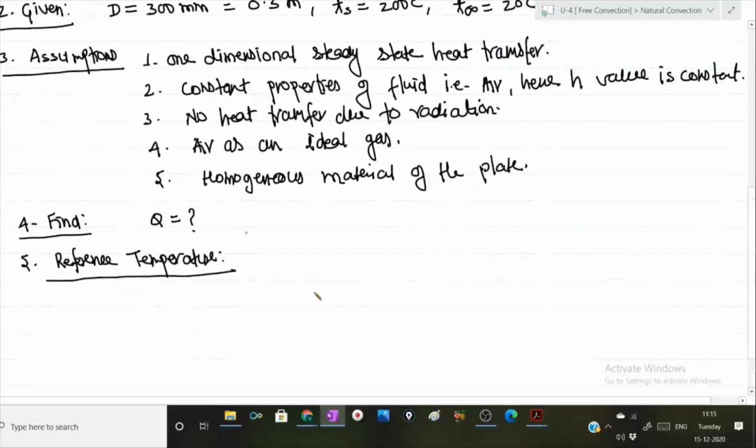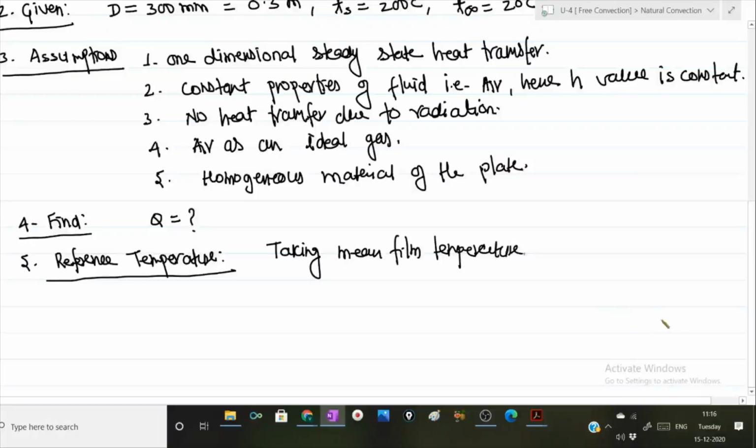Okay. So taking mean film temperature as reference temperature. And what is mean film temperature?